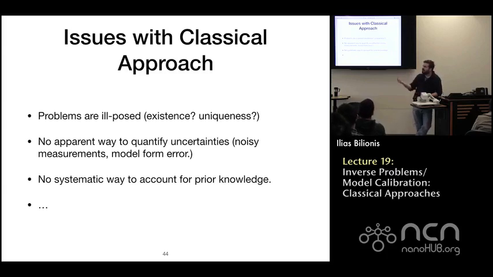But you also have a different kind of noise, which is model form error, or model discrepancy. Your model may be wrong, okay? So the question is, it could be wrong in many different ways. Is there any way you can quantify this model error, the systematic model error?